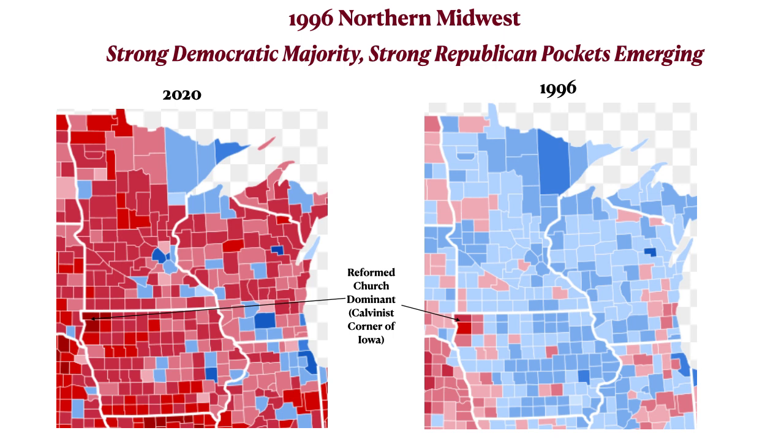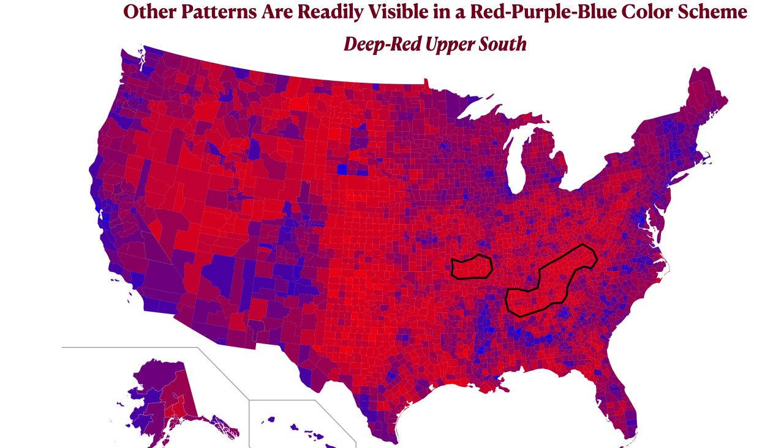Holland, Michigan, for example, wasn't previously conservative, but as cultural issues became more prominent in politics, it became very right wing. And the last one, I will notice some very dark red areas in the upper South, in Appalachia, in the Ozarks, particularly in mountainous regions. And this is a new pattern.